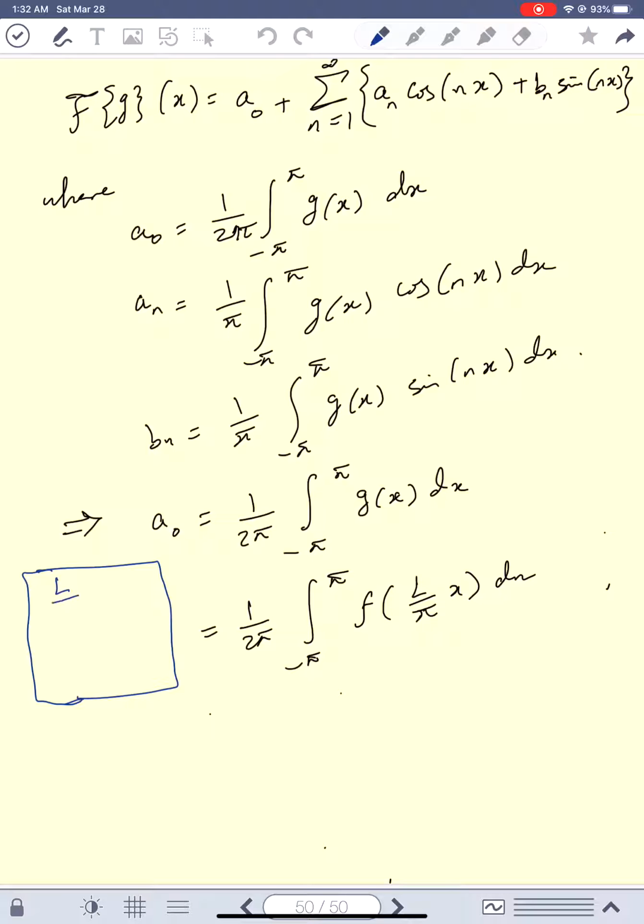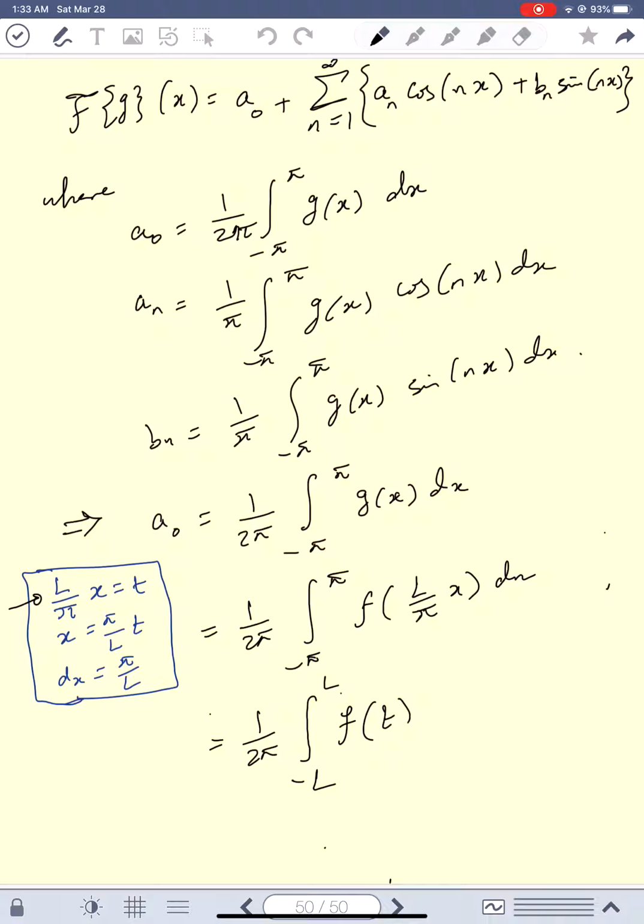So what I'm going to do is to substitute L over pi x as t, for example. So the x is pi over L t, and the dx is pi over L dt. And of course, you need to change the limits, right? So you say this is 1 over 2 pi, fine, integral. What are the limits? When x is negative pi, the t is negative L. When x is pi, you just substitute into your substitution, you get L. What is f of?